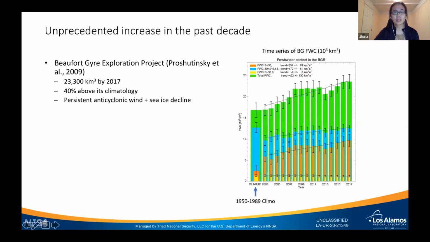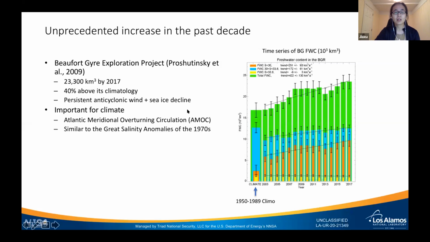Thanks to the Beaufort Gyre Exploration Project, we now have continuous observations there. What we see is a continuous increasing trend starting from 2003, and by 2017 the value is already 40% above its long-term climatology. This is thought to be because of the persistent anticyclonic wind plus the sea ice decline at the same time.